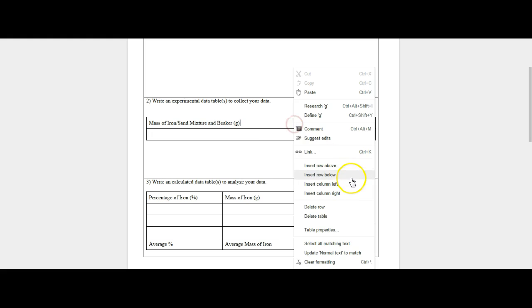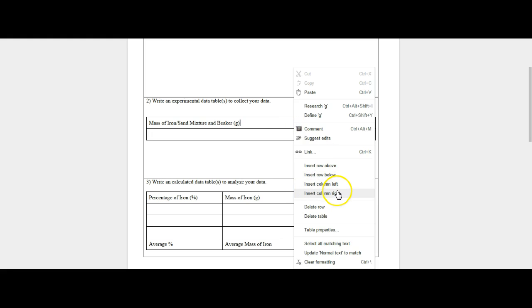This experimental data table should say exactly what's being measured in the lab. You could have said that it's on top of a piece of paper, or in some other container, but that's what we would have measured back there on the scale.